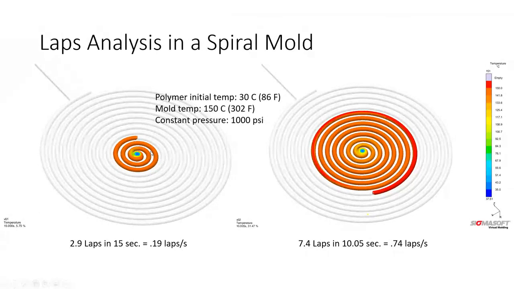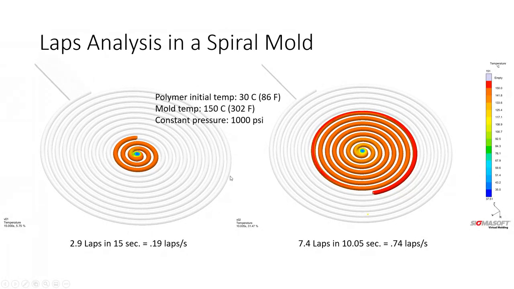This is one material, this is a different material. Then you set up your injection machine to perform those exact same conditions: 1000 psi pressure, mold temperature of 150 C, and an initial polymer temperature, so your screw and barrel, set at 30 C.